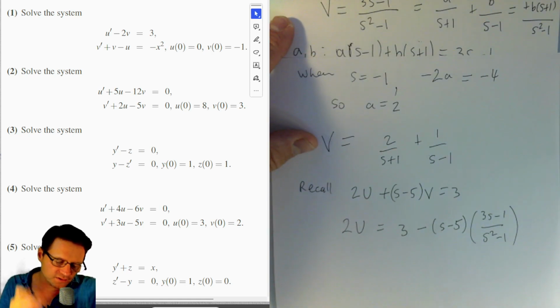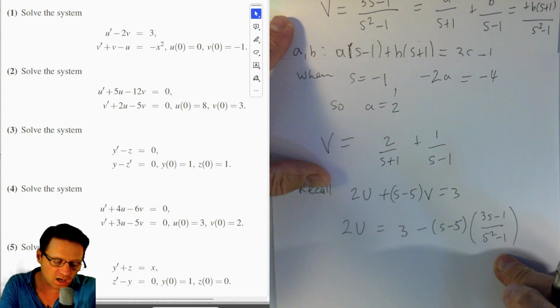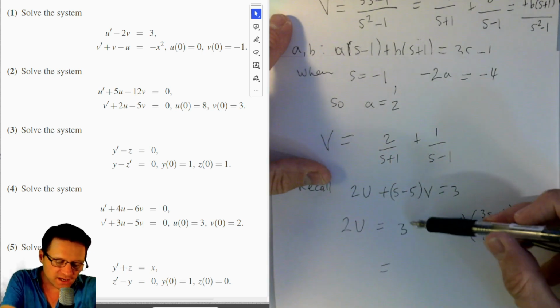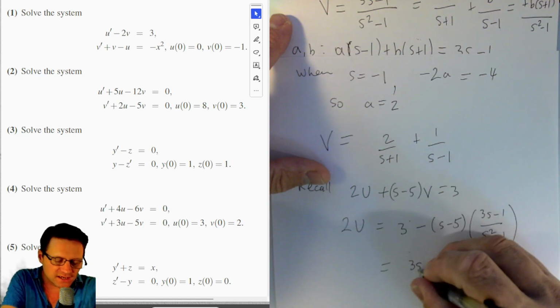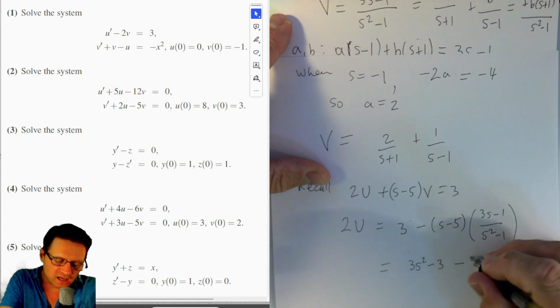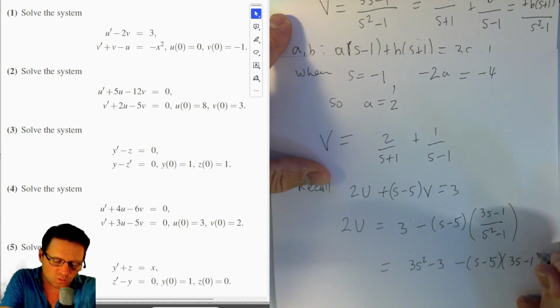Okay, and so we want this to be all over that denominator, s squared minus 1, on the right-hand side. So multiplying the 3 on top and bottom by s squared minus 1, we have 3s squared minus 3. And then we have to expand s minus 5 times 3s minus 1.